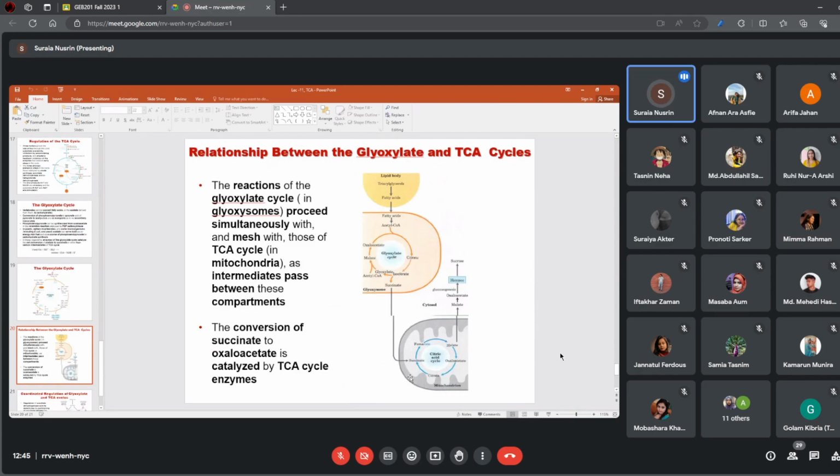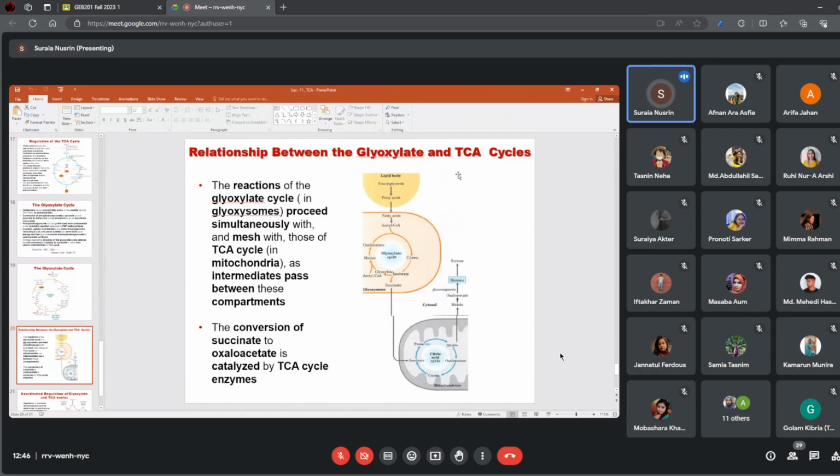Okay, now we have to look at the relationship between these two cycles, glyoxylate and TCA. The glyoxylate cycle occurs in the glyoxysome, which is a cell organelle, and the TCA cycle occurs in mitochondria. But these two cycles happen simultaneously, and when they are going simultaneously, it is possible for them to pass intermediates.